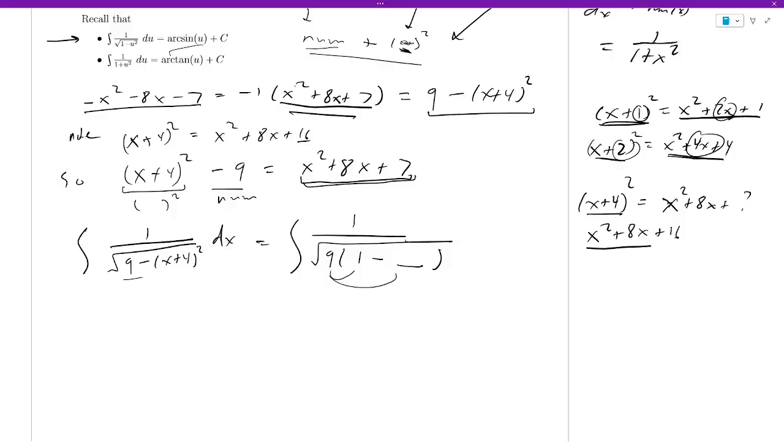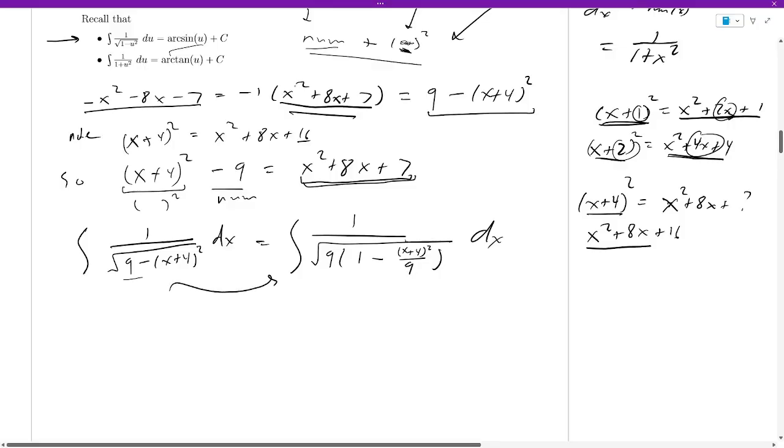Well, it'd have to be whatever's sitting there, x plus 4 squared, but divided by 9, right? So this is just a little algebra move. Going from here to here, I pulled 9 out of everything under the square root, leaving this 9 in front, and then times this stuff. And you could double check that if you multiply this 9 through, you get the original back.